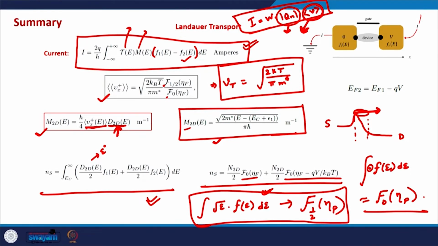And if we have, for example, a derivative of the Fermi function, the derivative comes outside of the integral, and this becomes a Fermi-Dirac integral of order minus half, because the derivative reduces the order of the Fermi-Dirac integral by 1.